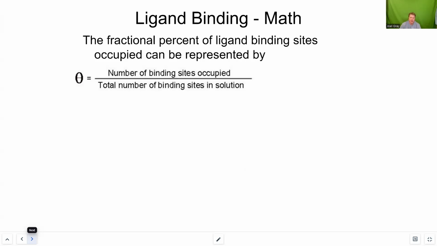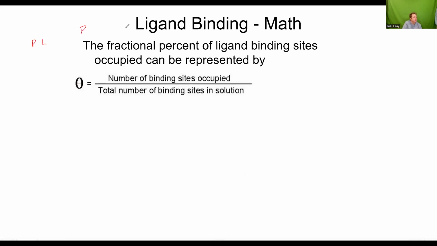So if you think about that in terms of PL, P, and L, does PL have an occupied binding site? It does. Does P have an occupied binding site? No, it does not, because that protein has a binding site for the ligand, but it hasn't bound to it.